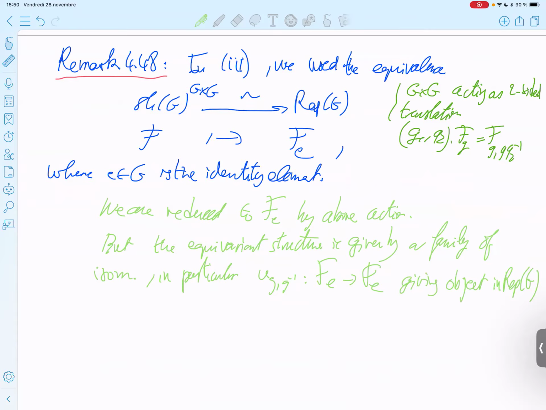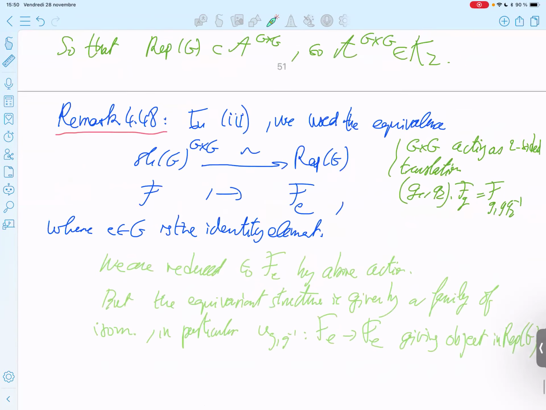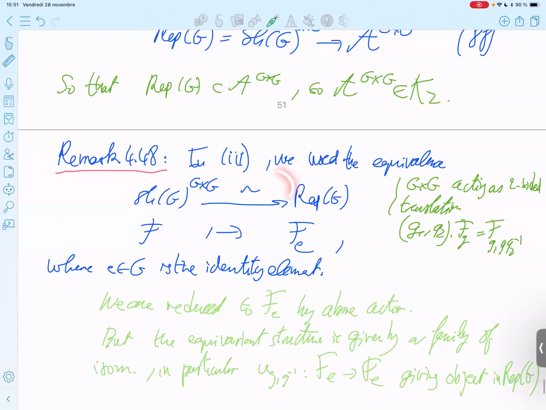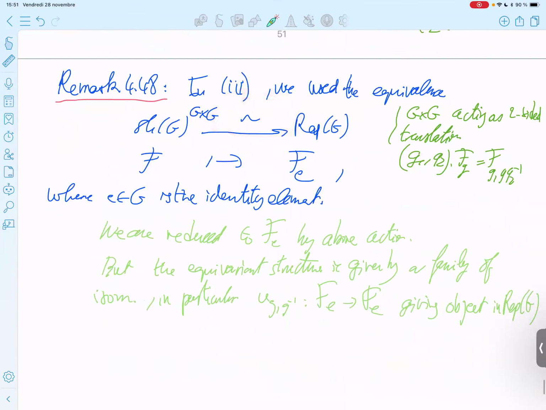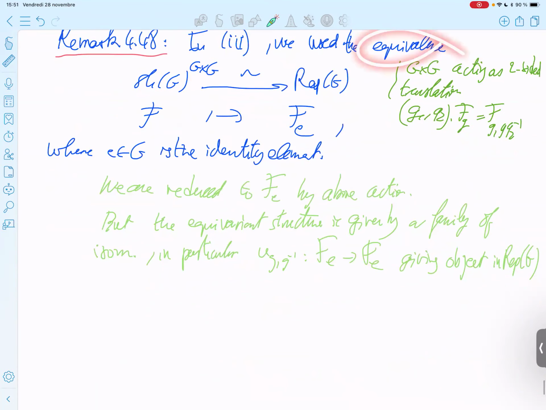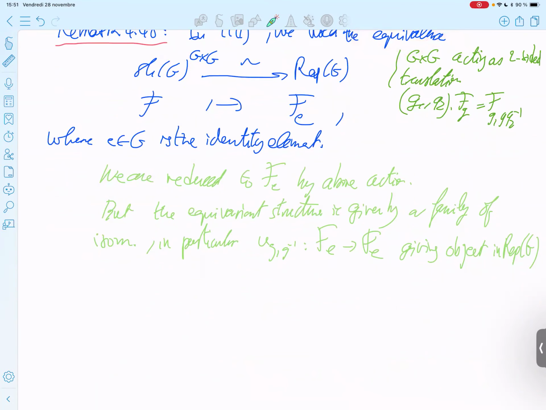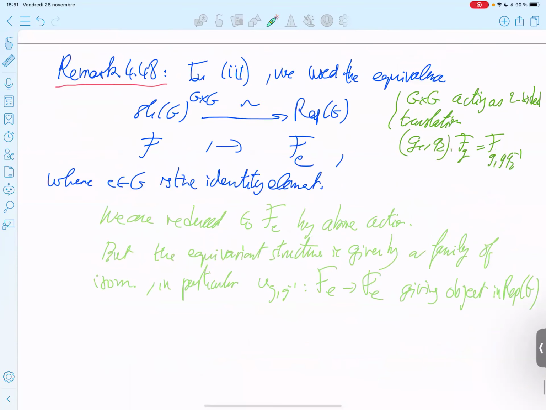Okay. So via this isomorphism, this is a representation of G. And then it's an exercise to really show that this is really an isomorphism, an equivalence. Okay. So that's all for this remark.